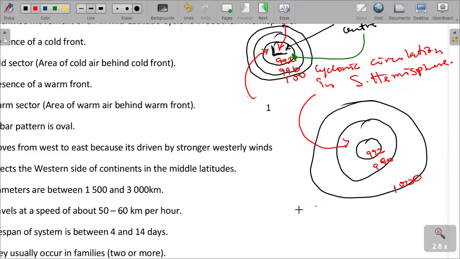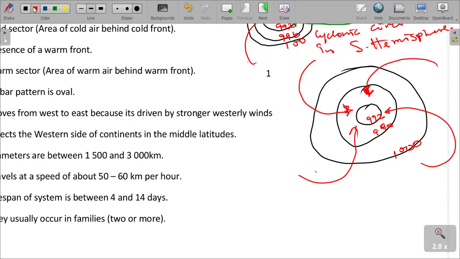You can see that this is an anti-clockwise air movement that is taking place. Air is moving towards the center in an anti-clockwise direction. So the arrows are demonstrating that air is going to the center, but in an anti-clockwise movement. So I'm saying this is the plan view also of cyclonic circulation in the northern hemisphere.